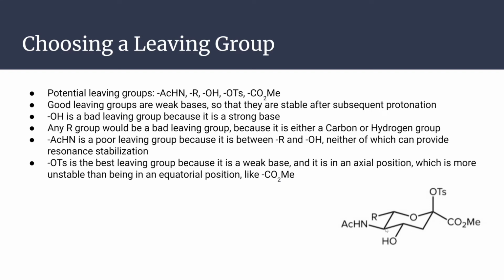The hydroxyl group, if it lost the hydrogen, there could be some chance of resonance, but it still wouldn't be as stabilizing as losing another group. So the best leaving group is the OTS group because it's a weak base and it's in an axial position, which is more unstable than being in an equatorial position, like the CO2ME group. So the leaving group in this scenario is OTS.